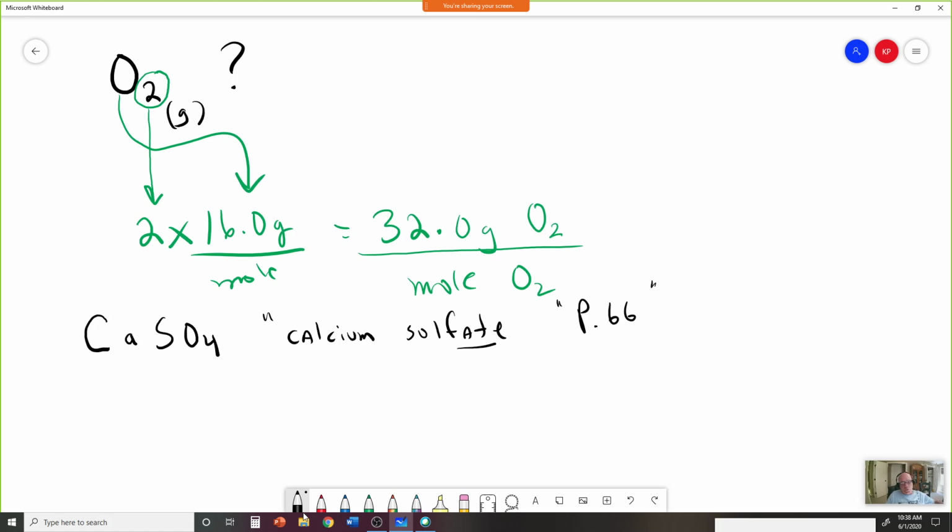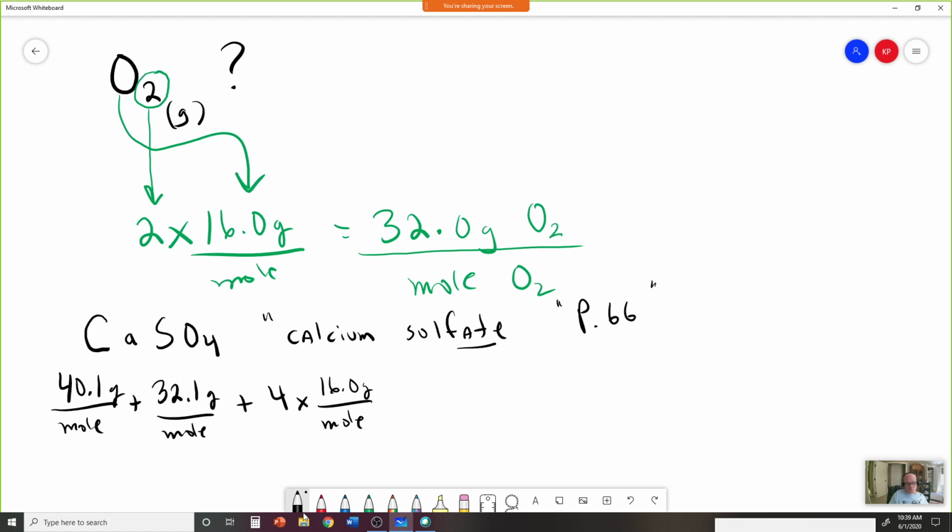Well, we look at our periodic table, we find calcium. Calcium is 40.078, so this is 40.1 grams per mole. Plus sulfur, sulfur's 32.1 grams per mole. Plus the 4 oxygens at 16.0 grams per mole.